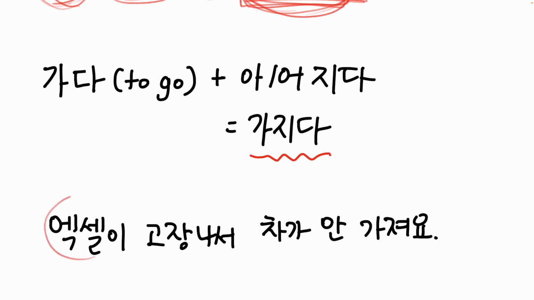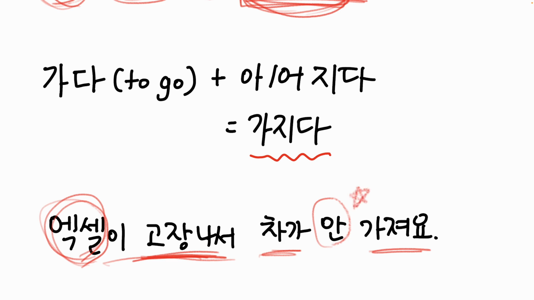Excel means accelerator and 고장나다 means something to not function well. So 엑셀이 고장나서 my accelerator is not working. So 차가 안 가져요 would mean my car won't move naturally. My car moving naturally doesn't happen because my accelerator is broken.